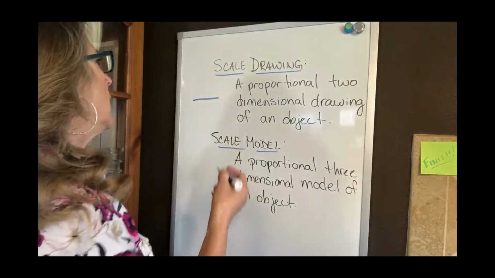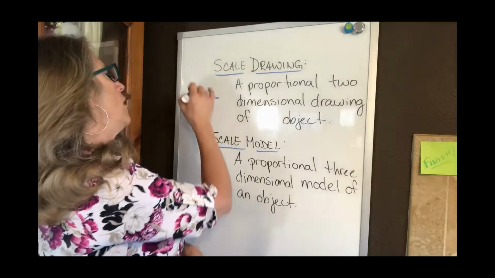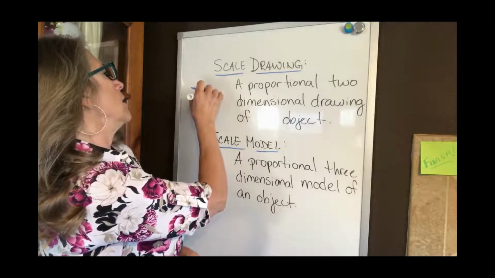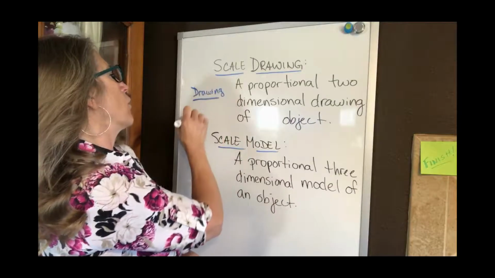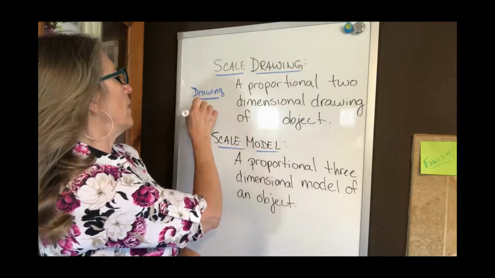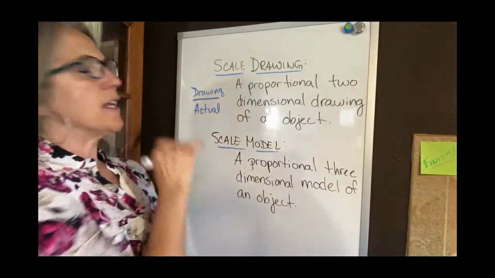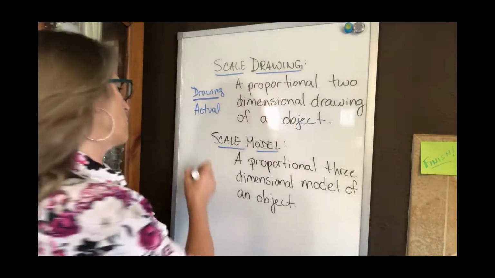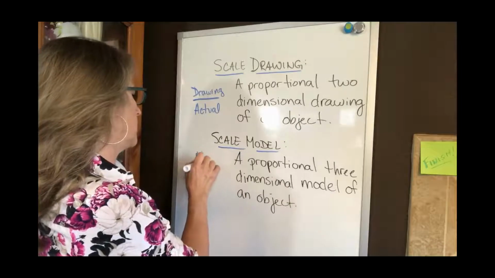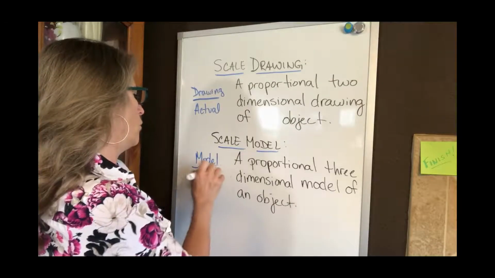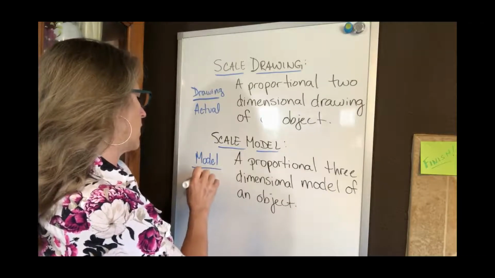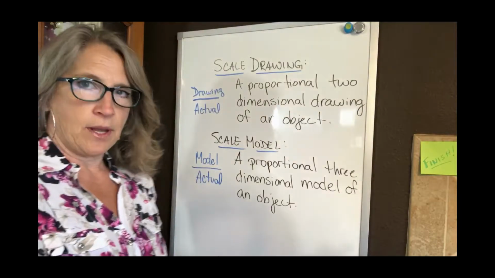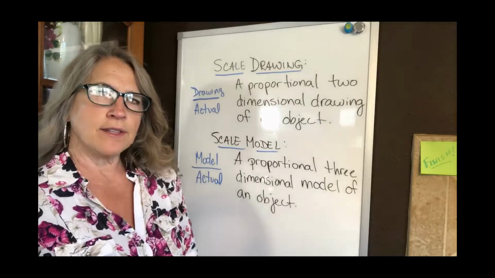Typically this means that we're going to have our drawing measurement over our actual in our ratio. And the same for the model, we're going to have our model measurement over our actual. I'm going to show you a couple of examples of this in a minute so that you can see how it works.